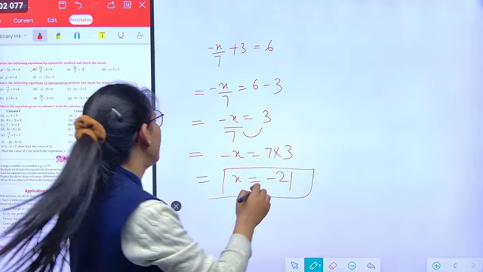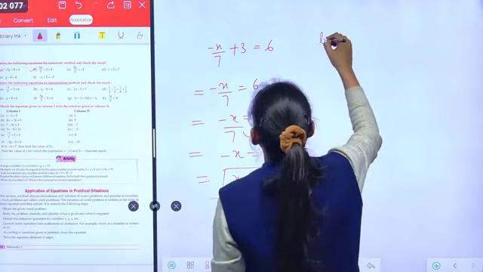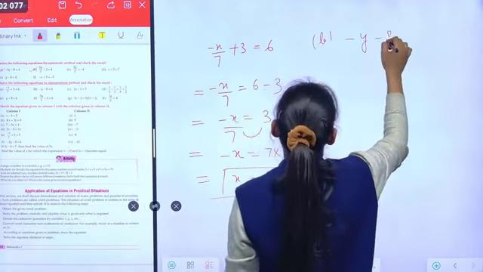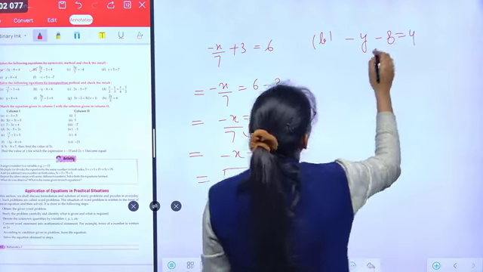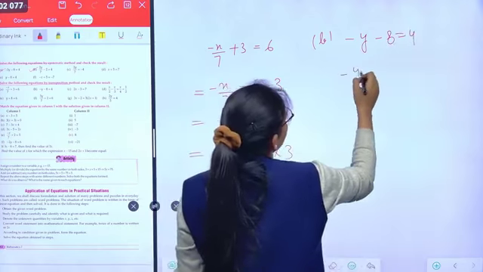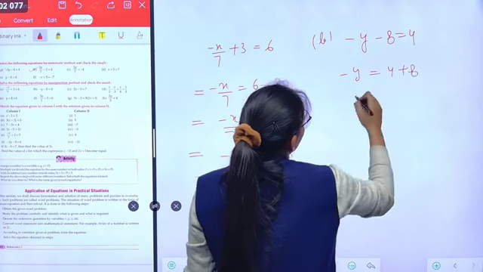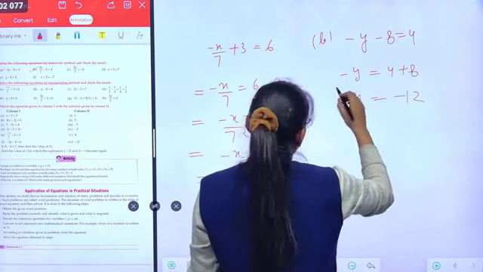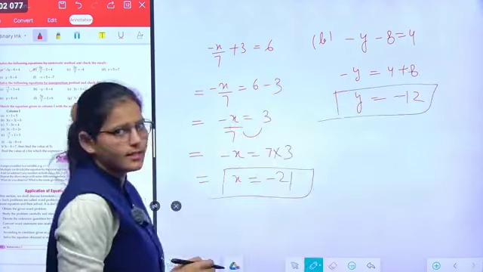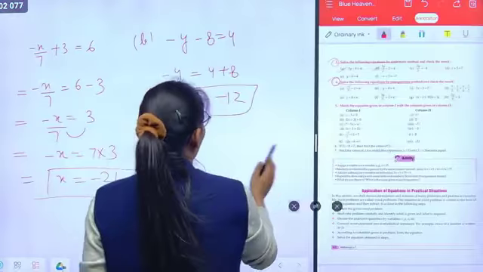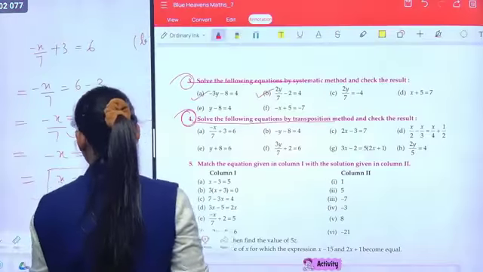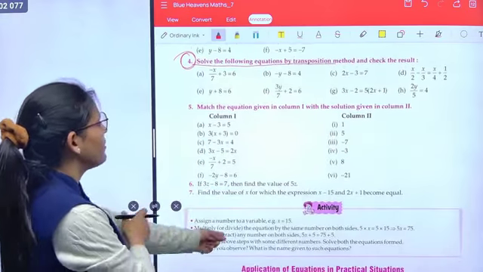Understand class? Now the B part, minus y minus 8 is equal to 4. Now class, minus y is equal to 4 plus 8, so y is equal to minus 12. Understand class? I hope these questions are clear to you. Now rest of the parts do yourself.